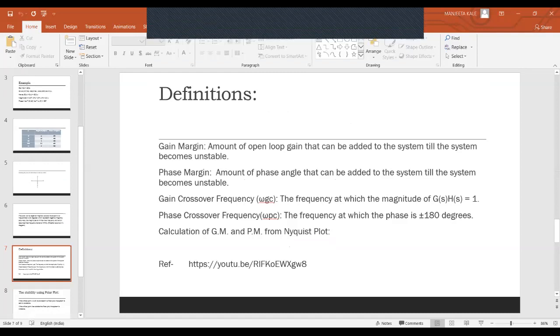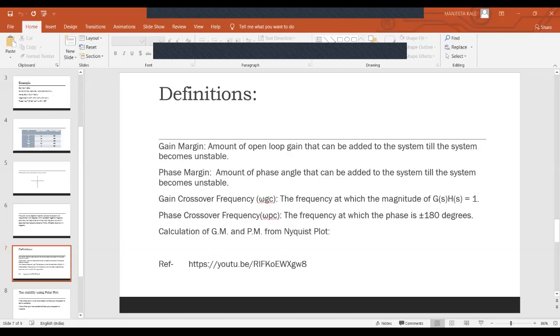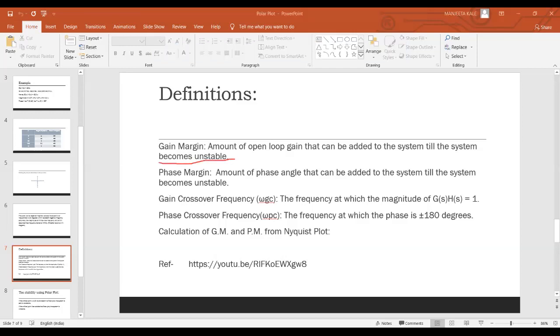Okay, what is gain margin? It is the amount of gain that can be added till the system becomes unstable. What does it mean? Suppose currently you have open loop gain to be 50, and you know that there is a condition on value of k, as we calculated in Routh's criteria also, there is certain value of k above or below which the system becomes unstable.